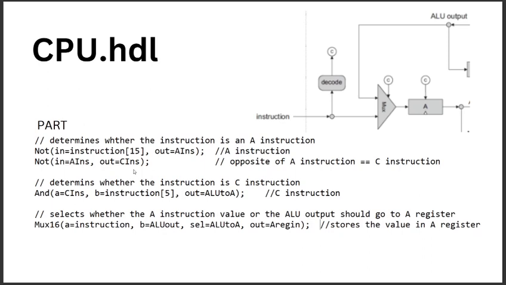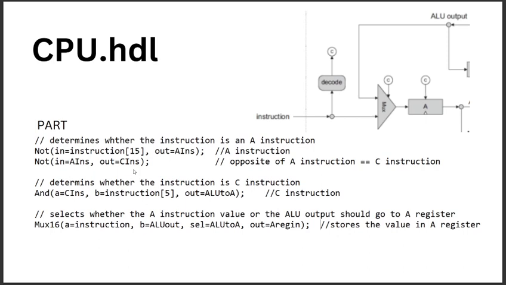The CPU decodes the 16-bit instruction into an opcode and a 15-bit value. If the opcode is 0, the instruction is an A instruction, and if the opcode is 1, the instruction is a C instruction. If we have an A instruction, the CPU stores the 15-bit value into the A register.